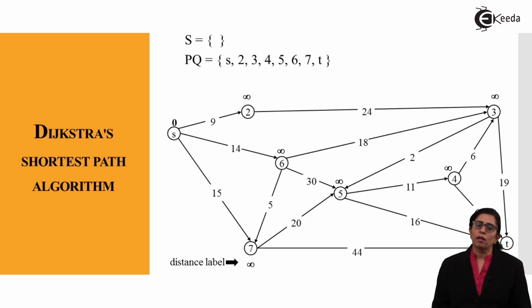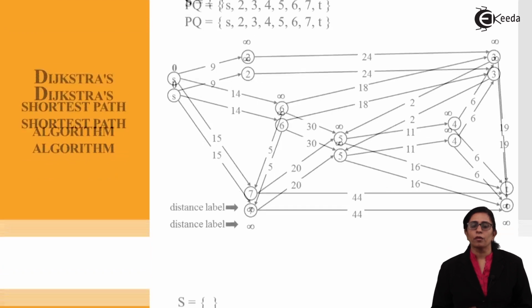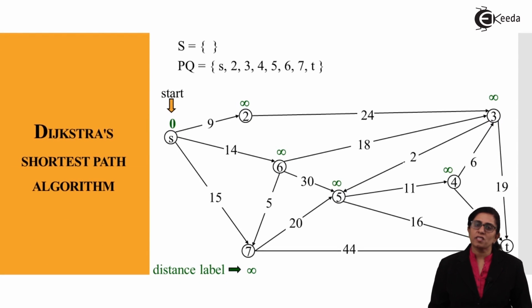So we start with the Dijkstra shortest path first algorithm solution for this particular graph. Now let's start. S with 0 is my start point. All the rest of the nodes which need to be visited have a distance label of infinity. We start with 0, and what do we have to do?